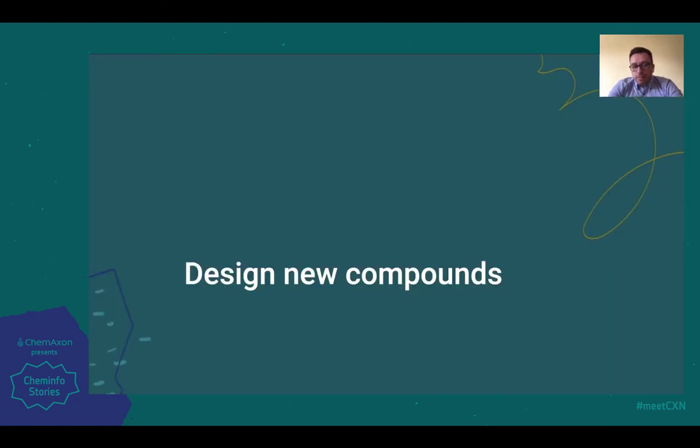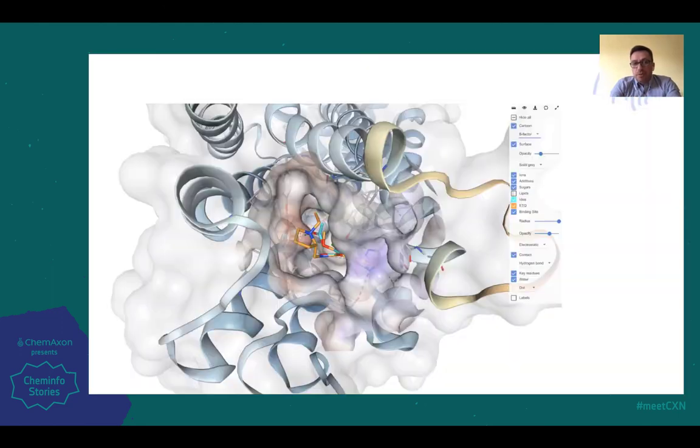So where to expand after we're familiar with the data analysis and visualization? You've already heard a presentation on the Design Hub and how it improves your experience when designing new compounds.